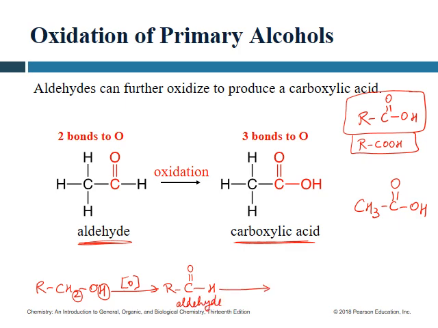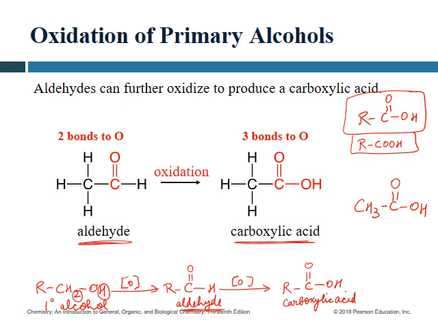This can further be oxidized to produce RC double bond OH. So you simply add one oxygen here and this is called carboxylic acid. And this was the primary alcohol. Okay, so primary alcohol will first oxidize into aldehyde, which will further oxidize into carboxylic acid.